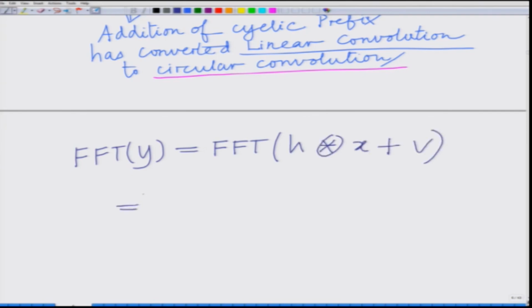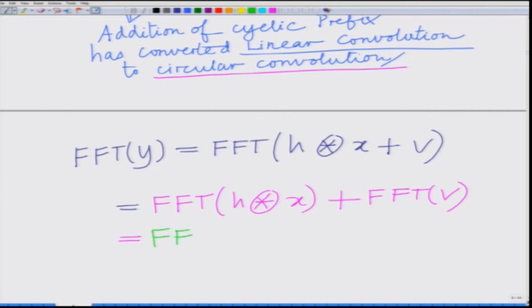Now, the FFT operator is linear. So, that is simply the FFT of H circularly convolved with X plus the FFT of V, and the FFT of a circular convolution is the product of the FFTs.